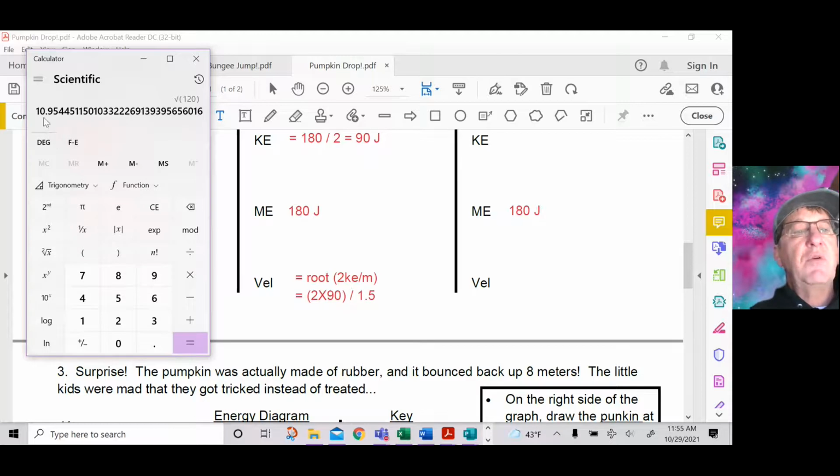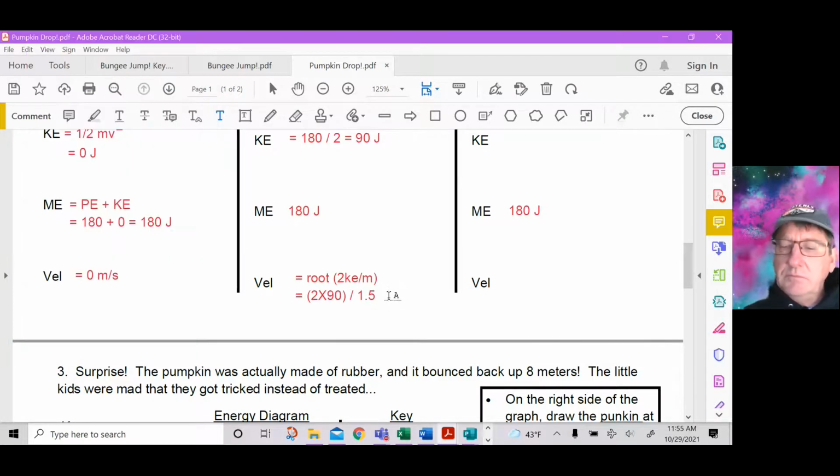There's my answer, 10.9545, etc. I'm just going to round this off to 10.95 meters per second. Now your answer is not exactly the same as this, but it should be close to this. It should be close to 10.